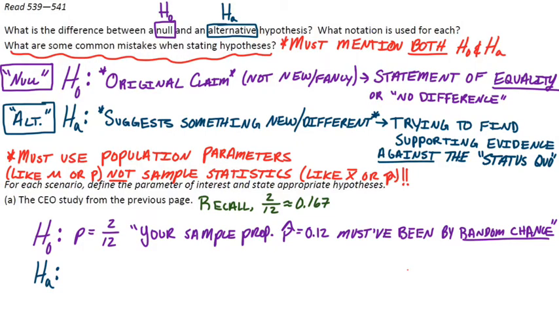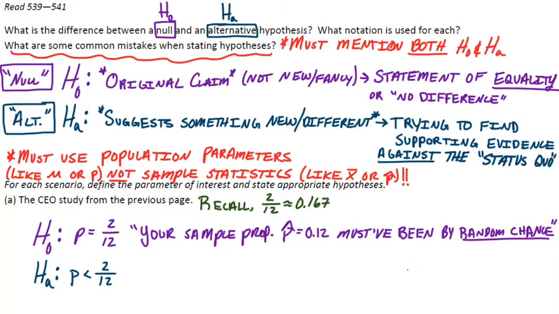So then our alternative hypothesis, which is actually what the sample data was sort of suggesting, is that the true proportion is actually somewhere less than 2 out of 12. I don't know what it is exactly, but our sample proportion p hat is smaller than that 2 out of 12 value. So the alternative would be, maybe the true proportion of CEOs is actually less than 2 out of 12 for those birthdays.